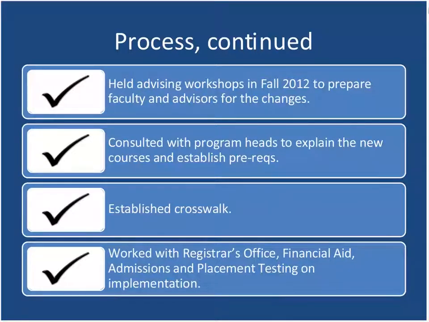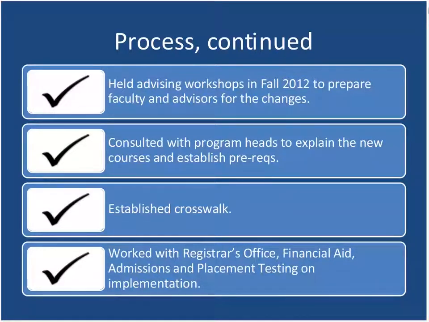We had consulted with our program heads to explain the new courses, to establish what their prereqs might be, and to make sure that they understood the courses, because we especially wanted to make sure that they understood that these new courses were not an exact equivalent of the old 3 levels of English that we had had, and what they could expect from their students.